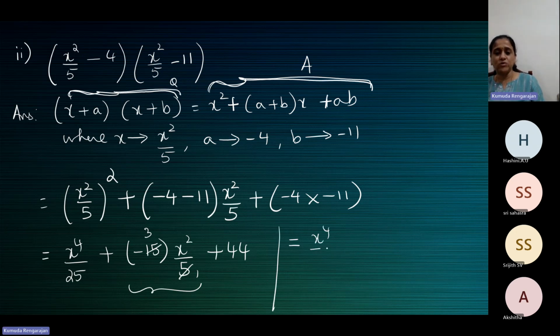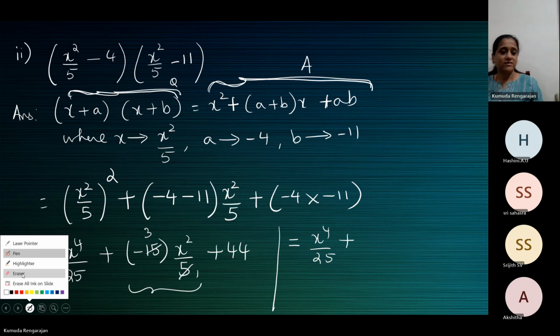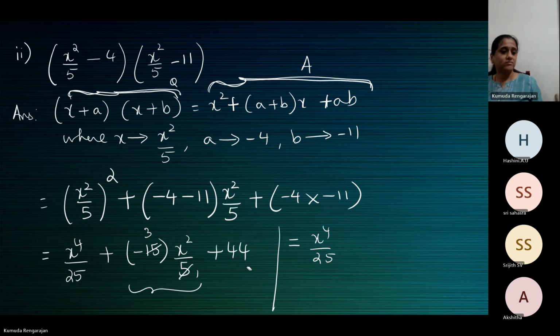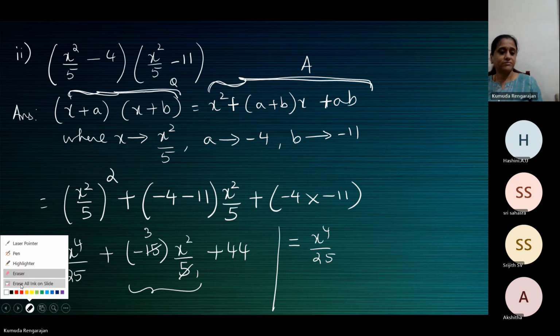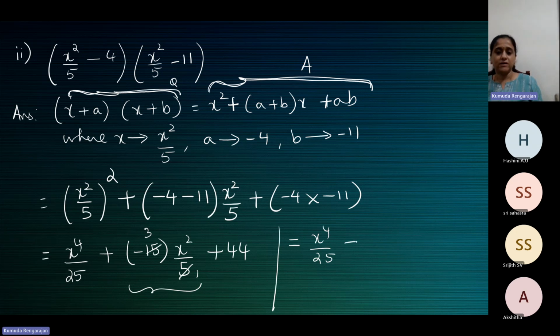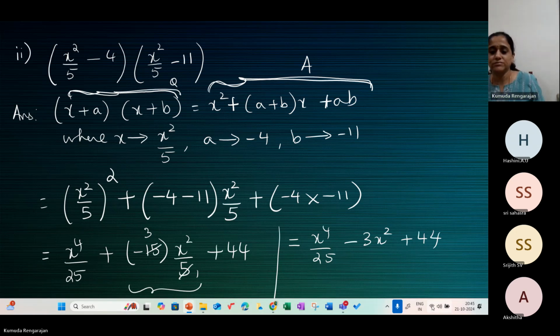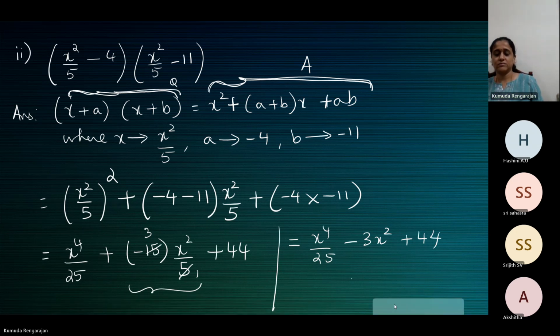X to the power 4 by 25, not plus, minus 3x square plus 44, correct? Because 5 ones are 5, 5 threes are 15, minus into minus is plus. Minus 3x square plus 44. Correct. Okay.